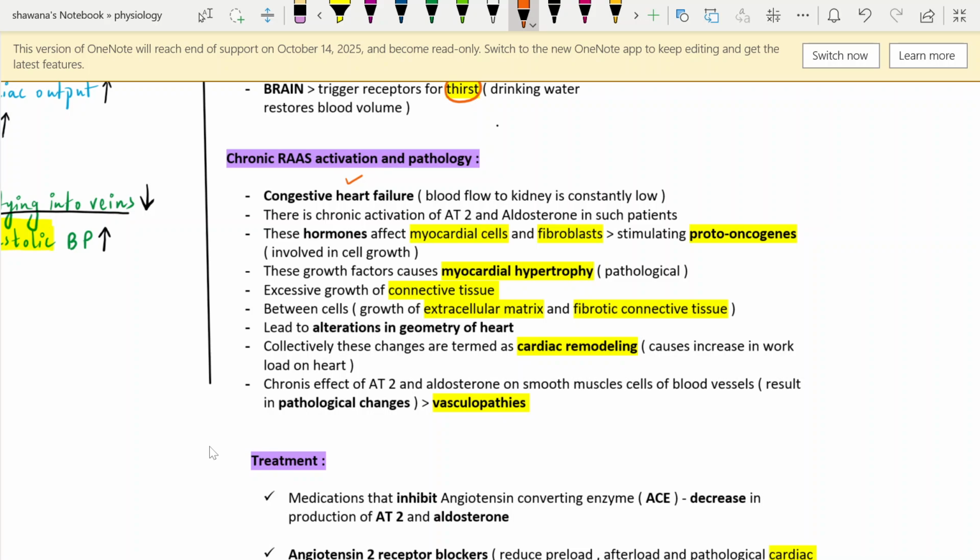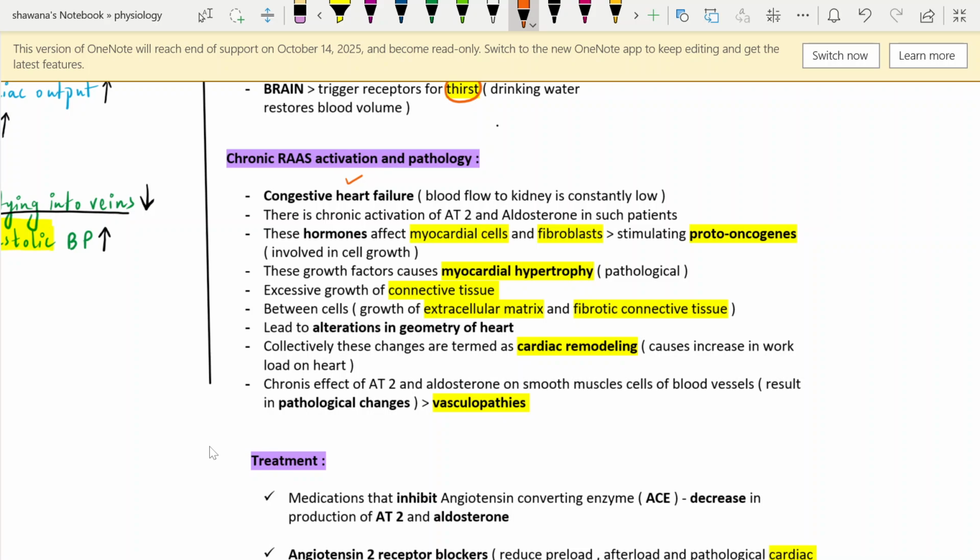Our normal physiological shape of the heart is going to change, and these changes collectively are termed cardiac remodeling. Okay, these changes are known as cardiac remodeling because the heart has been changed into something new. It has been changed totally. It is due to the increase in the workload on the heart.